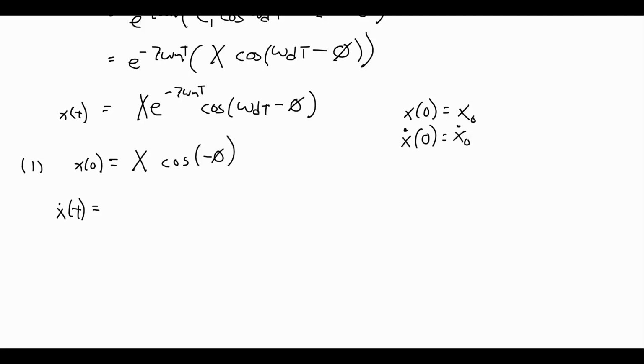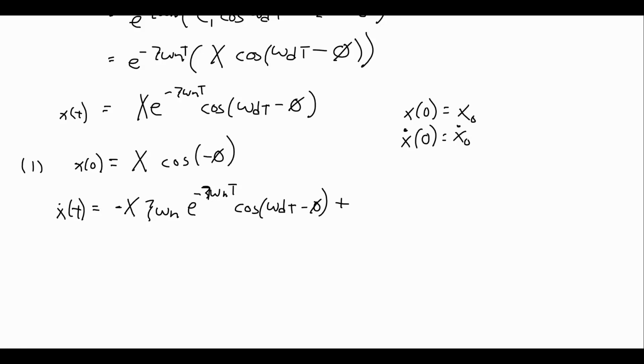All right, so the X will come along for the ride. I need to differentiate e to the negative zeta omega n times t with respect to t. So the coefficient in front of t in the exponent is going to come out in front. So I'll drop down this negative zeta omega n, and then the derivative of e is just e to that same power up top. And then that second term just comes along with us.